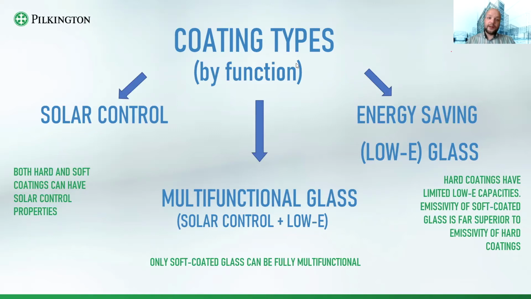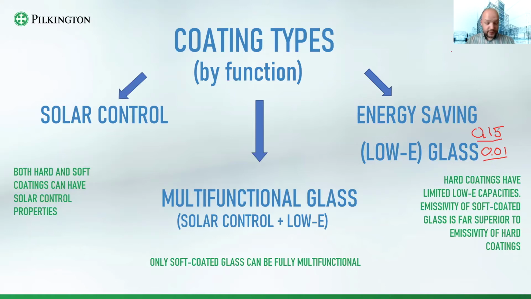For example, one of the best hard coatings has an emissivity of something like 0.15 or along those lines. The best soft coated glass has an emissivity of 0.01. See, the difference is great.